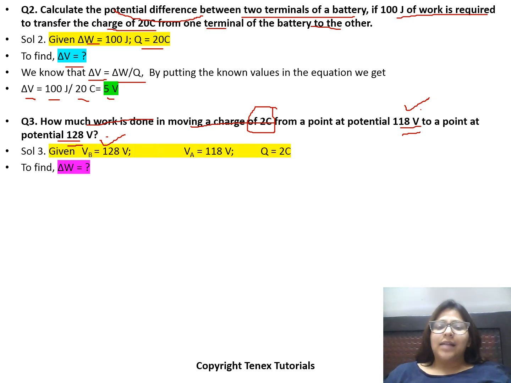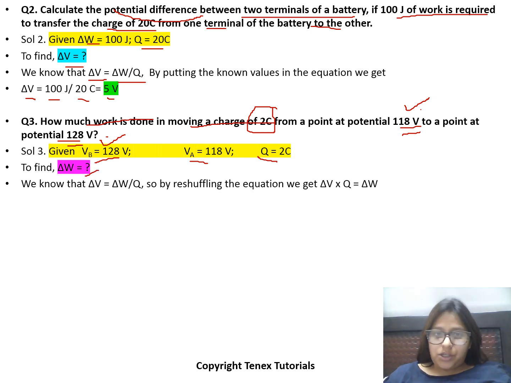Given is that the final potential, VB, is equal to 128 volts. The initial potential, VA, is 118 volts. The quantity of charge is equal to 2 coulombs. The work done is not known to us.